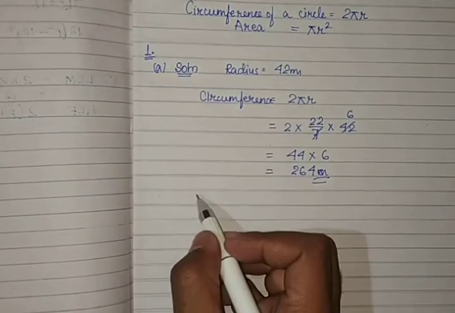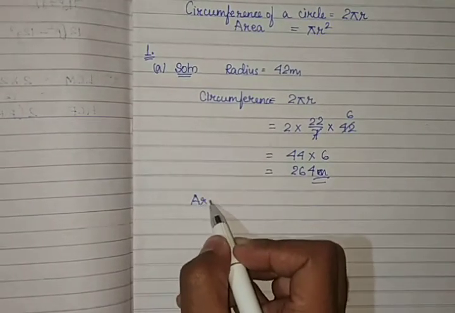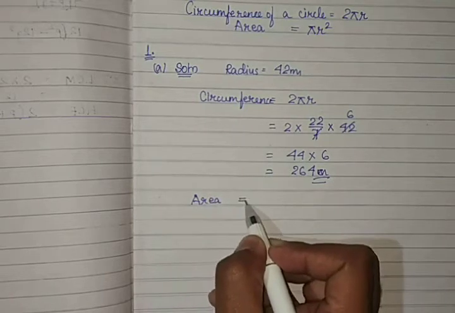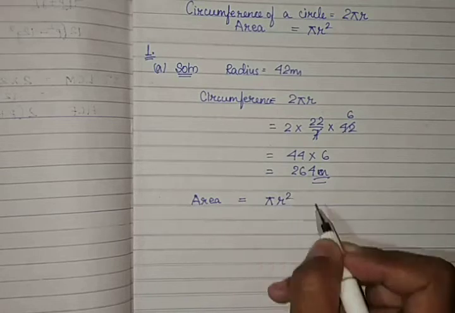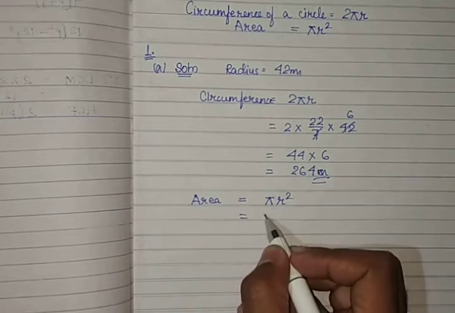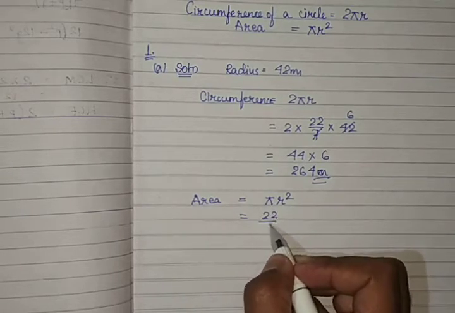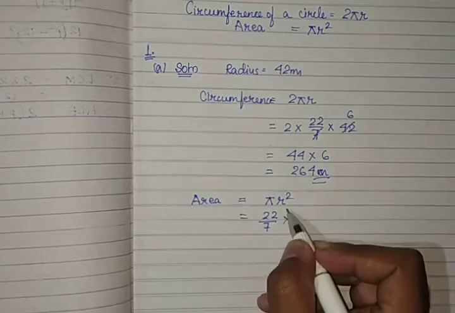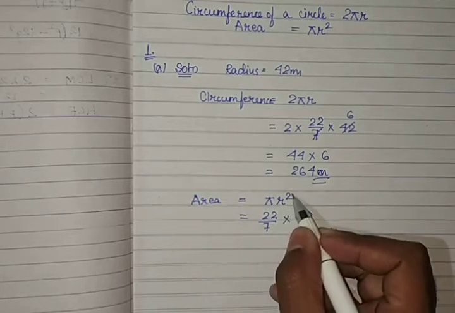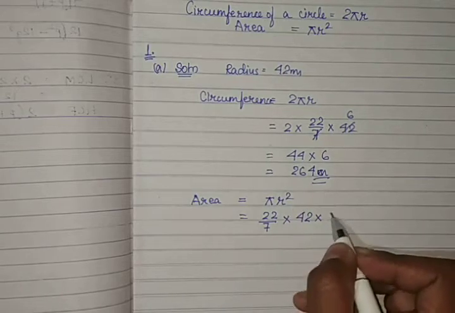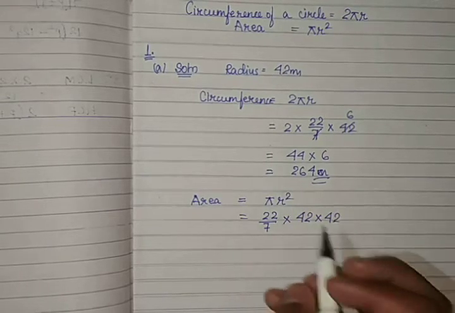Now, for area, we have the formula pi r square. The value of pi is 22 by 7. The value of r is given to be 42. Since it is squared, 42 will be written twice, that is 42 into 42.